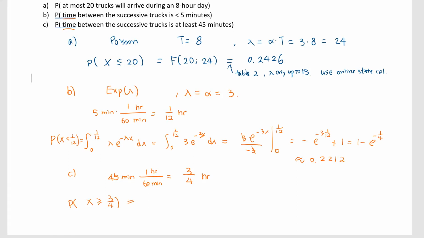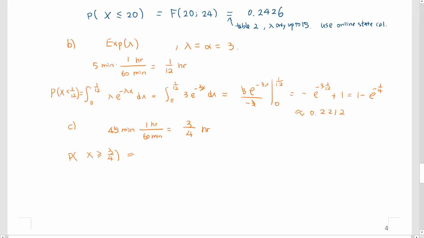So far, so good, everybody? All right, let's calculate. This is the integral from 3/4 to infinity of 3 e to the minus 3x dx. Because there is an infinity, we need to replace it by t and let t go to infinity.